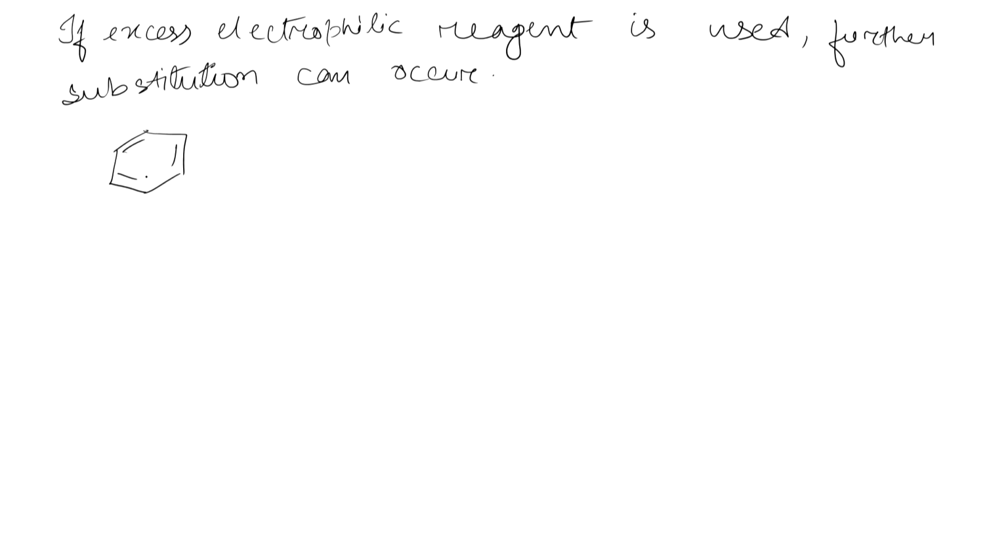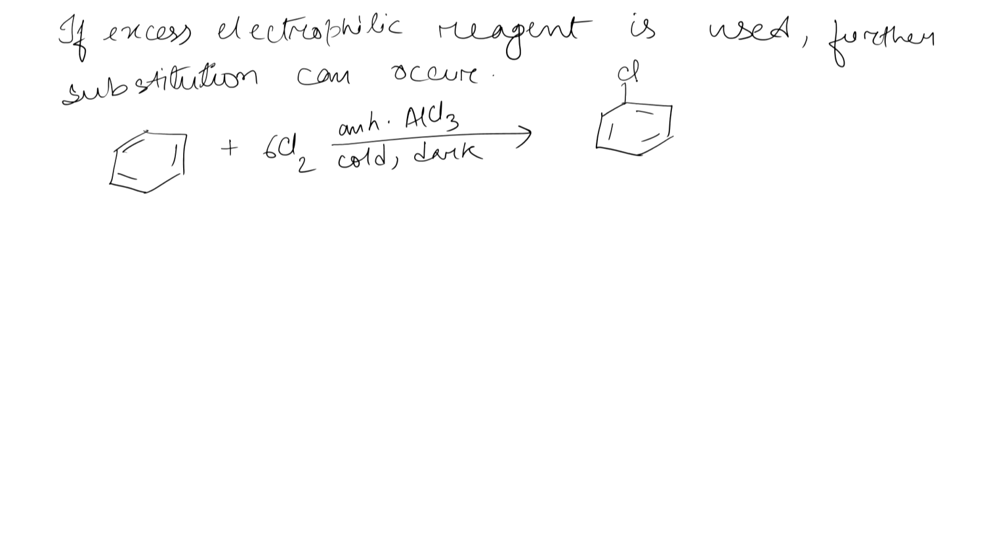This is the benzene ring. We have 6 chlorine and anhydrous aluminium chloride. This reaction is carried out in a cold, dark environment. In this case we get this, that is, chlorine is present on all 6 carbons of benzene.